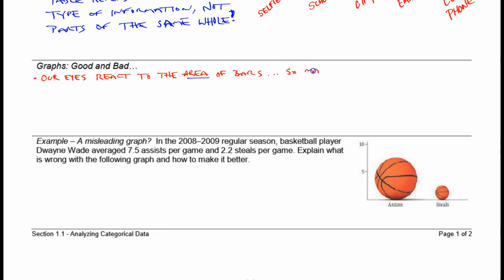So let's make sure each bar has the same width. By doing that, the height of each bar will be proportional to that portion of the distribution. So that's one good thing to note about graphs: make sure that each bar has the same width.